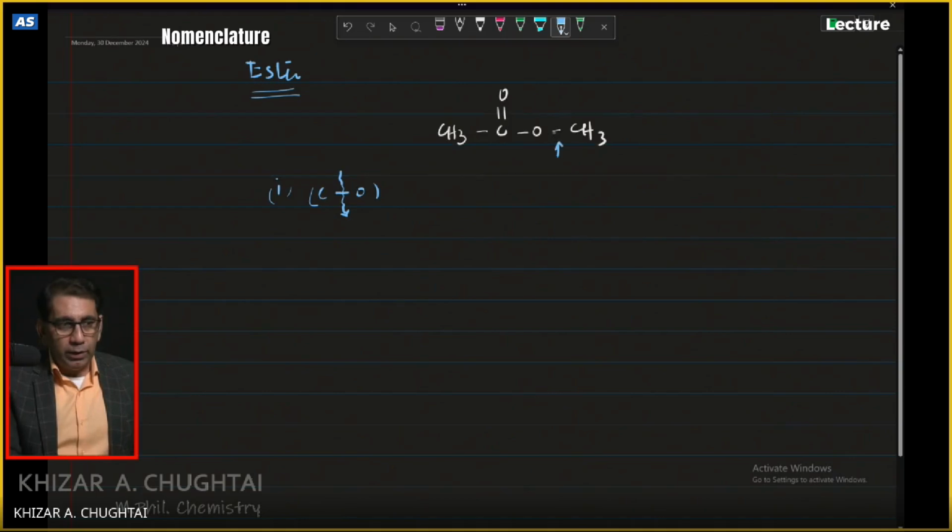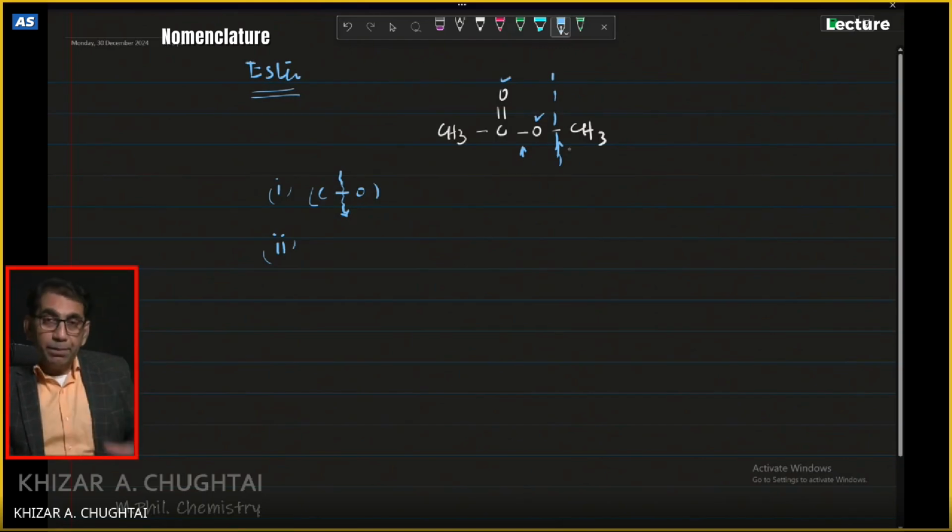Number one, this one, C single bond O. Number two, this one, this is also C single bond O. So there are basically two C single bond O's. Which one to cut? Cut this molecule in such a way that both oxygens must be on the same side, on the right or the left.